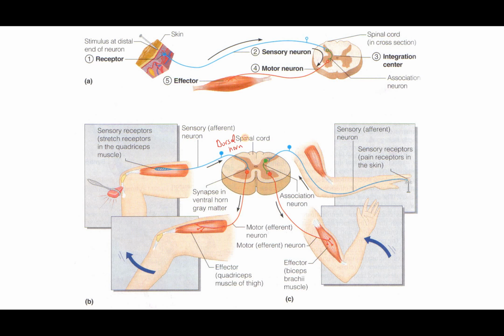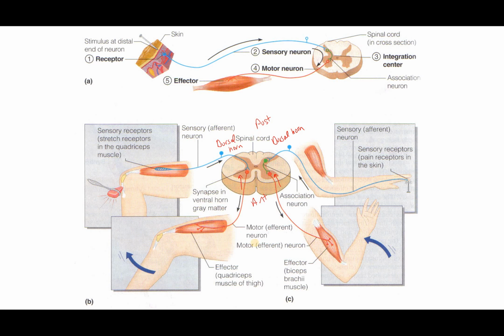Dorsal horn, which is on the posterior aspect of the cord. Here's the anterior aspect, so that would make this the ventral horn. Okay, we're going to split hairs over that later on another lecture.